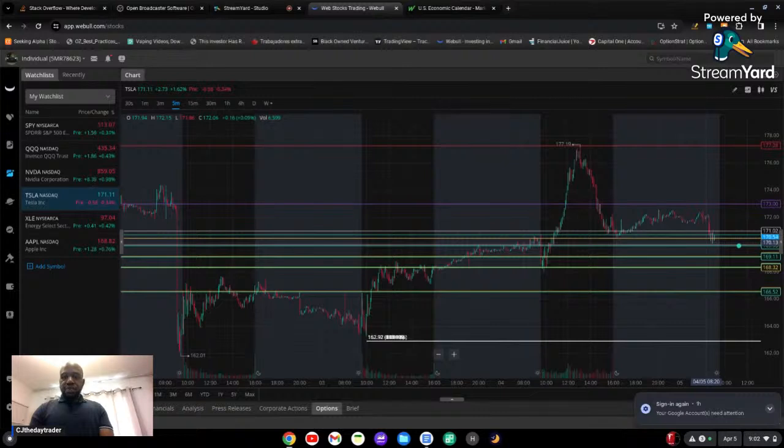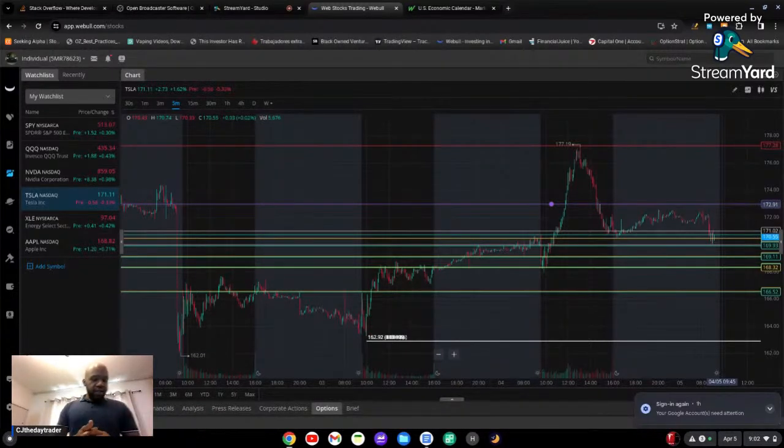So again, we'll still be cautious, but also this 173 zone is also the 20 EMA, so we have to be careful of that as well, and using that as a potential rejection point.